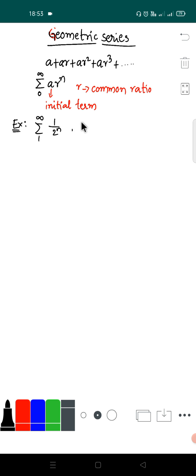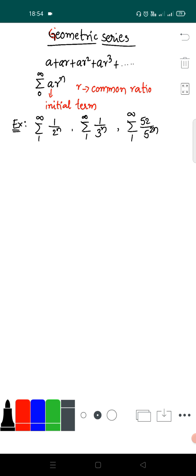Another example is 1 by 3 to the power of n, and so on, or the summation of 52 by 5 to the power of 2n, where n goes from 1 to infinity.